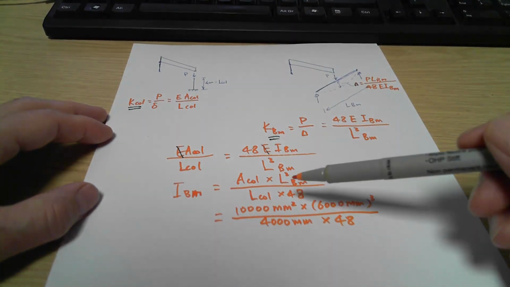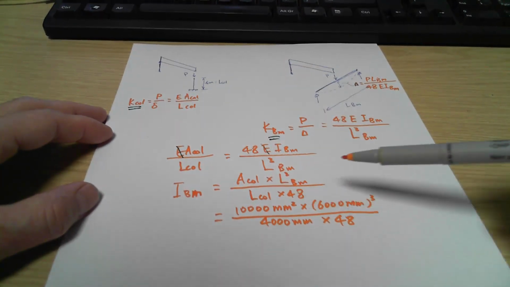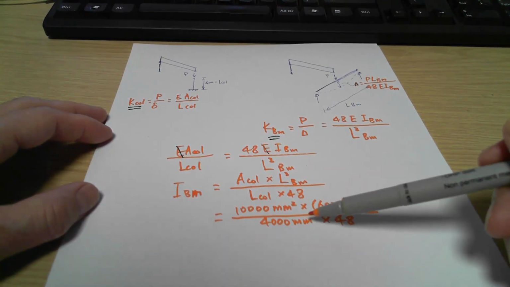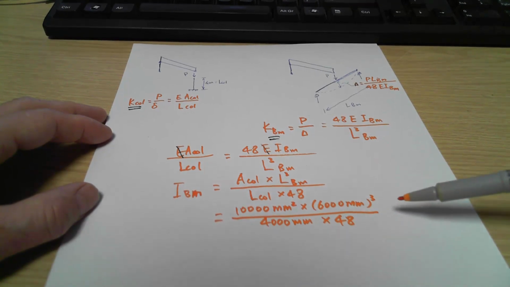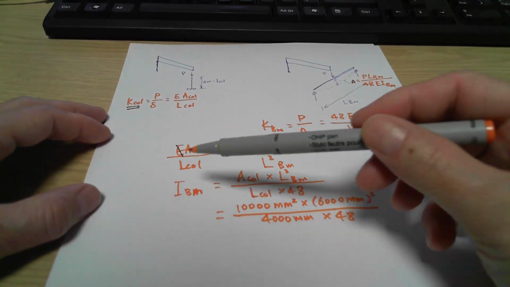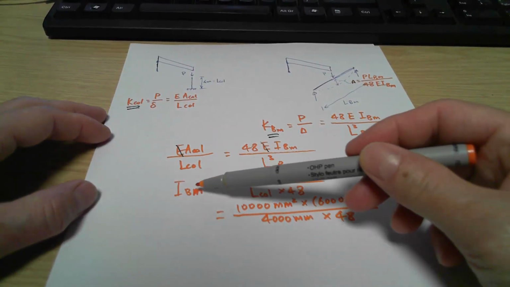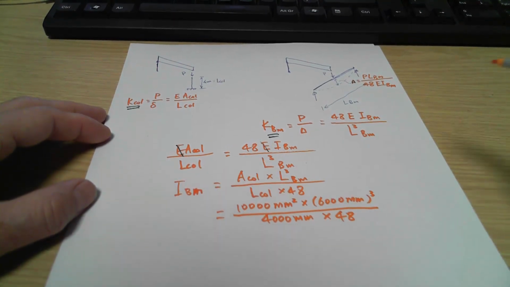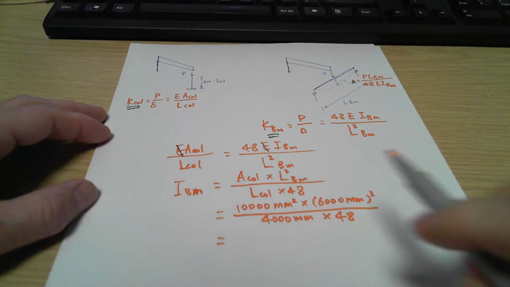Pay attention to the units: millimeter squared times cubed gives millimeter to the power 5, divided by millimeter gives millimeter to the power 4. That's exactly the dimension the units should be for the second moment of area.